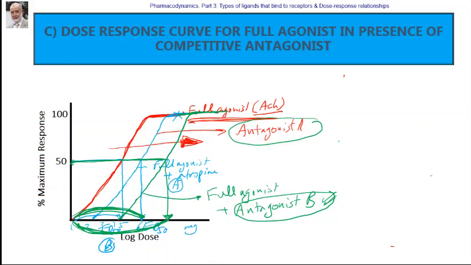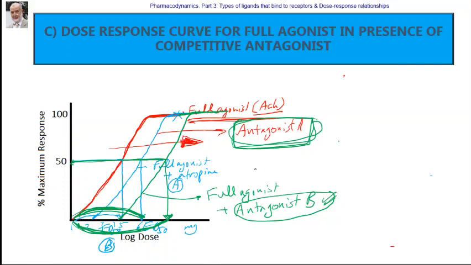Okay? The antagonist, what does it do? The competitive antagonist, we said it decreases potency, but it does not affect efficacy. Efficacy stays the same, i.e., the agonist can still produce maximum effect in the presence of the antagonist, but you need a higher concentration.